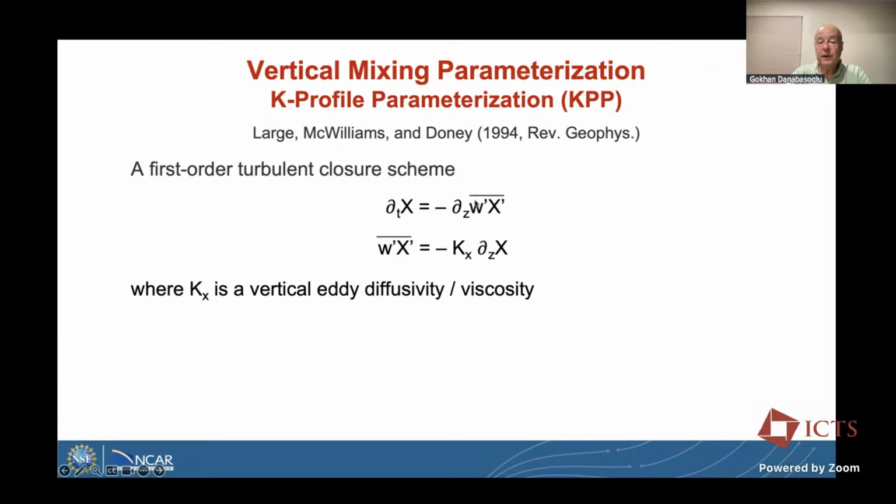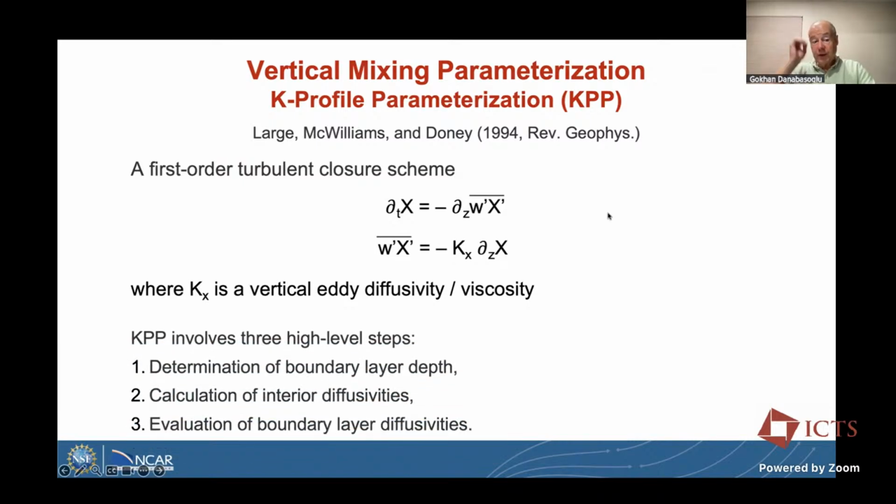We are interested in parameterizing the W prime X prime term, and how we do it is simply using the down gradient approximation, introducing a vertical eddy diffusivity or viscosity. In that case, this is parameterized in terms of the resolved temperature, salinity or velocity components. It's a first order scheme.